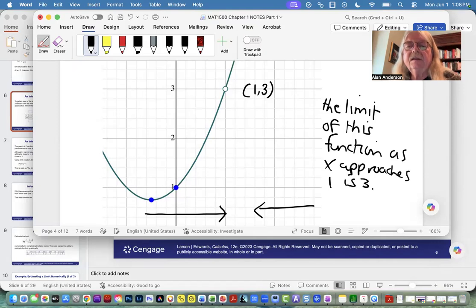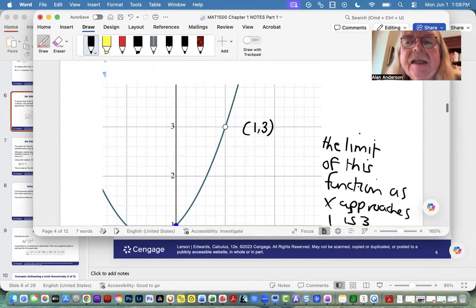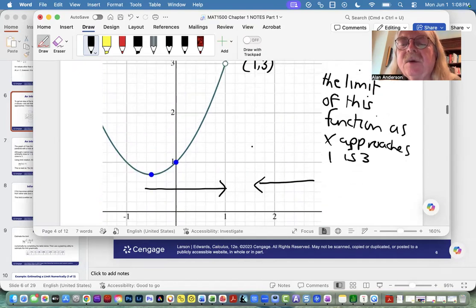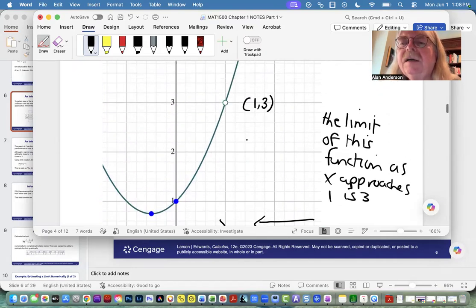Okay. Now, imagine there's a big hole there, like a big pothole in the road. You can step as close as you want to the edge, but if you step in there, you'll just fall down. So we can get really close to it, but we can't actually reach x equals 1 and y equals 3, but we're getting closer and closer. So that is known as the limit. As x approaches 1, it is equal to 3.